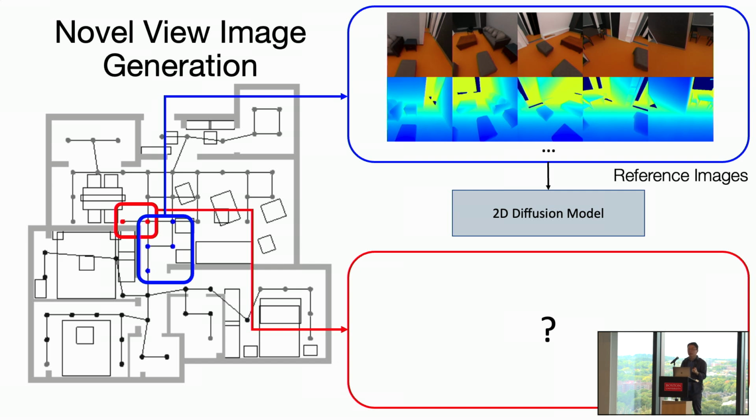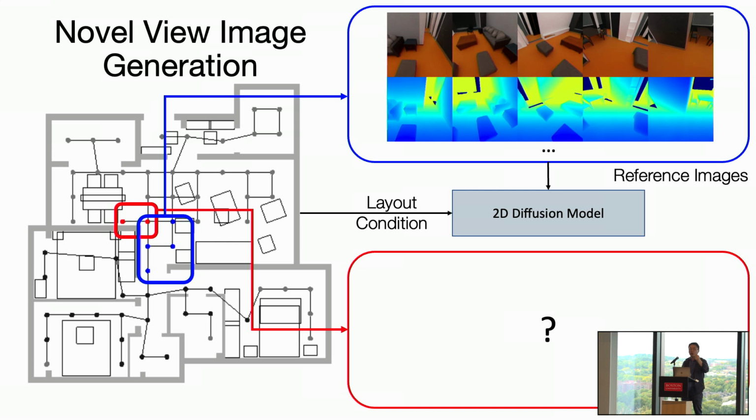At the same time, we know, okay, at this location there should be, let's say, a couch or a stool, something like that. So the layout, the 2D floor plan, can also provide us with information to guide the generation using the 2D diffusion model. So on the input side, we have two types of information.